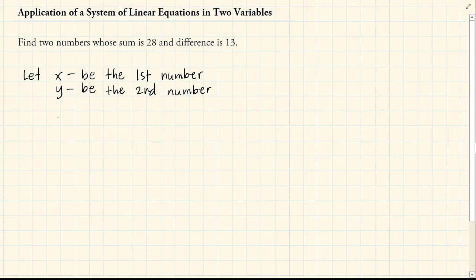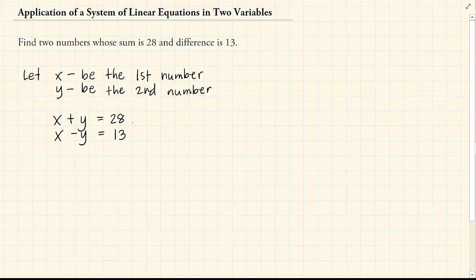So for our first equation, x plus y is equal to 28. And then for the second statement, the difference is 13. So if we subtract the two numbers, x minus y, the answer is 13.